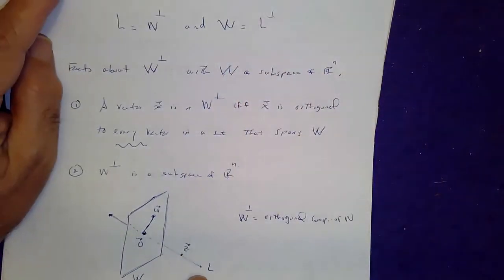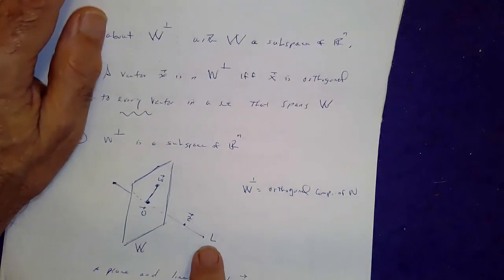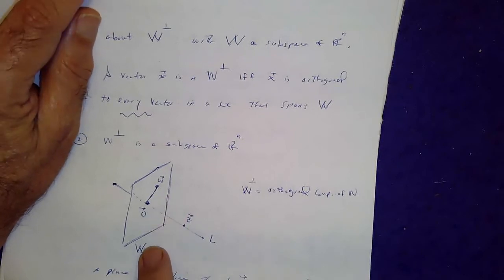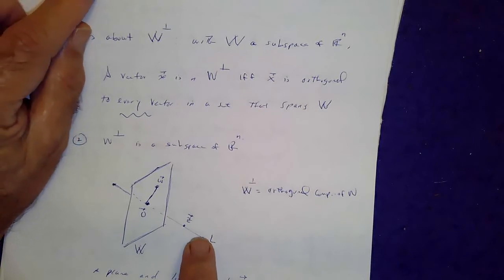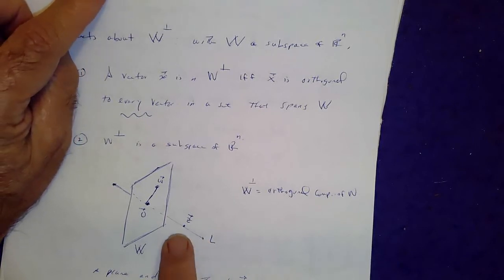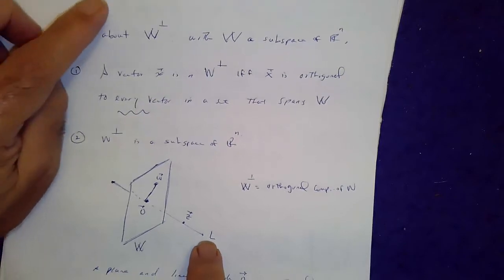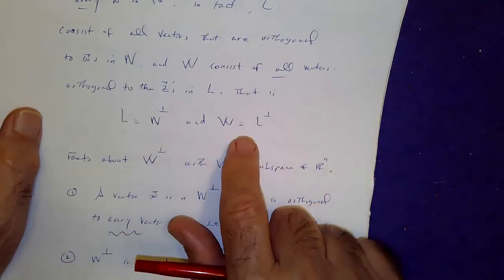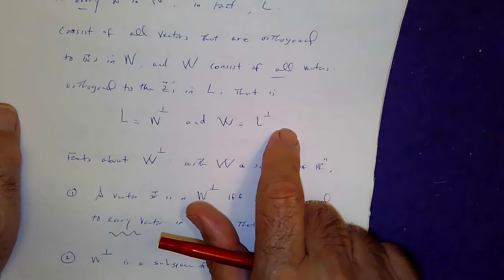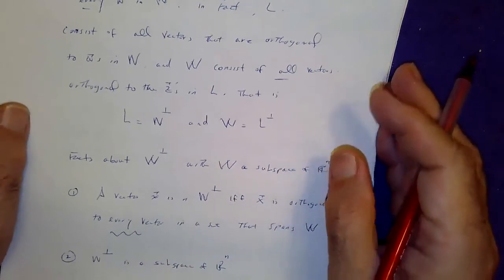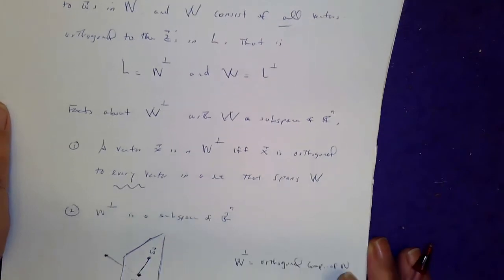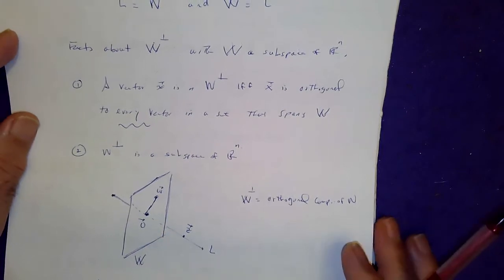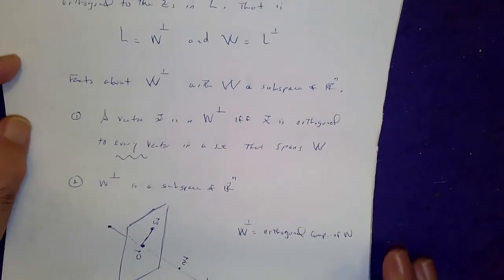In fact, L consists of all vectors that are orthogonal to W's in W space, and W consists of all vectors orthogonal to Z's in L. That is, L is the orthogonal complement of W, and W is the orthogonal complement of L. So that would be an example of what an orthogonal complement of a subspace is, or how it should look. It's an example. That's not the only example, of course.